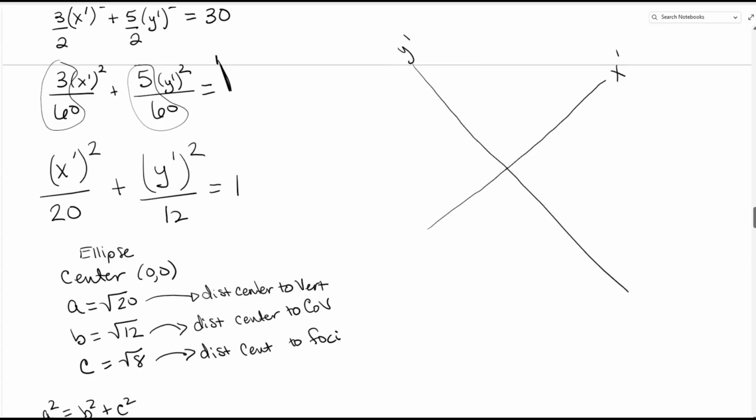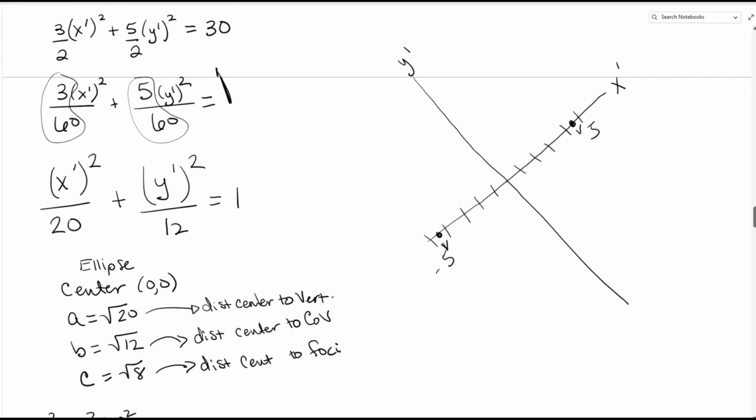From the center, which we know is 0, 0. 1, 2, 3, 4, 5. 1, 2, 3, 4, 5. Now, square root of 20 is more than 4, less than 5. So our vertex is here and here. Co-vertices is root 12 from the center. And remember, on an ellipse, that's just like your width the other way.